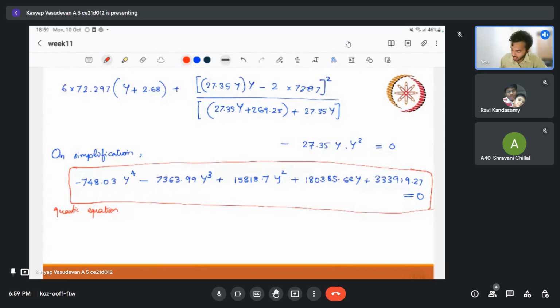When you are doing trial and error, we can begin with y is equal to h or around whichever value. For example, here we can begin with our h, which is 6 meters, so we can start with 6. If you substitute y as 6, you'll get some value, and depending on that we can keep on changing, trial and error.